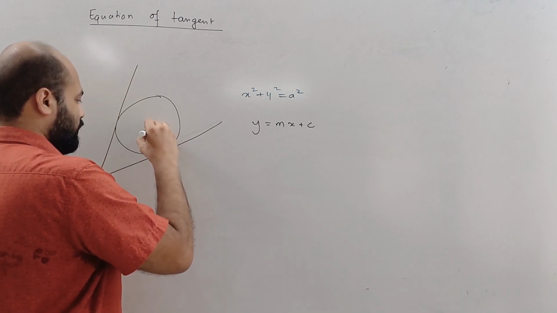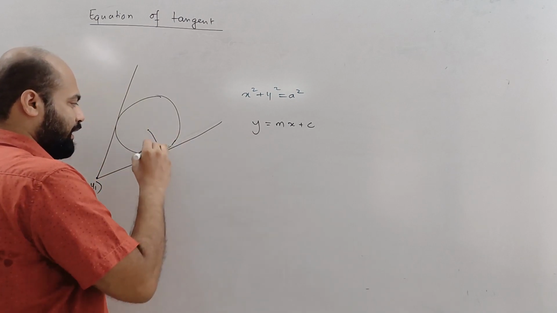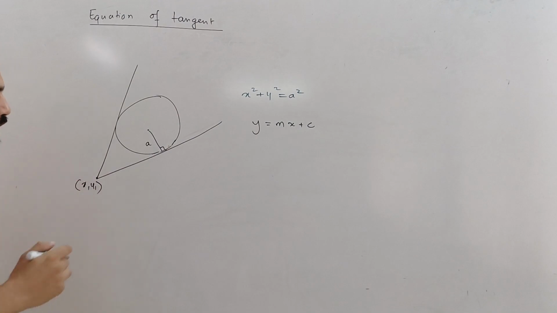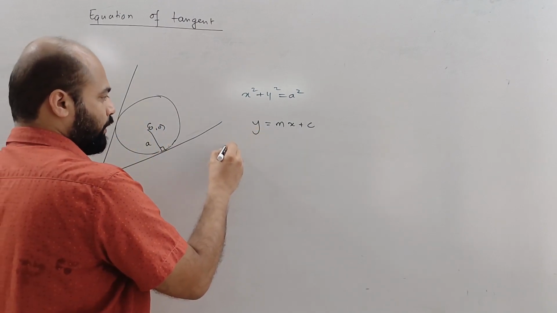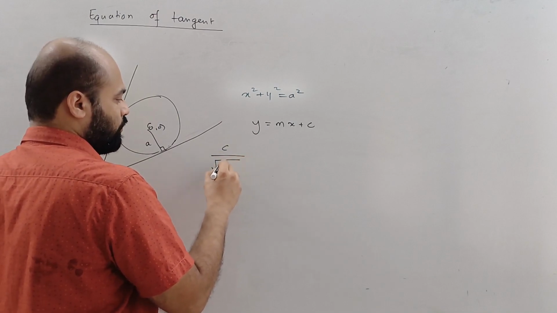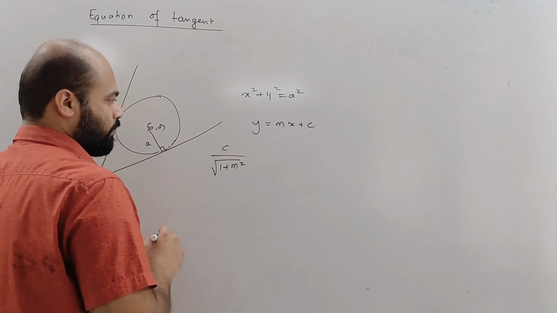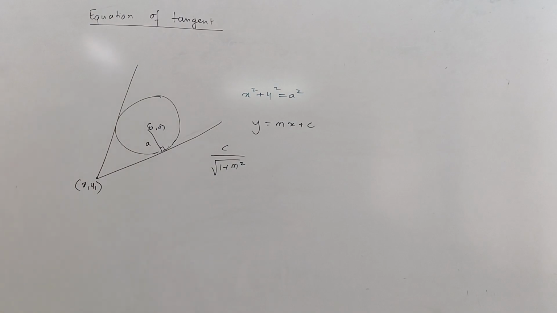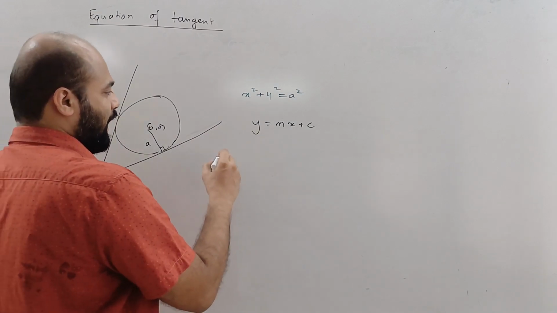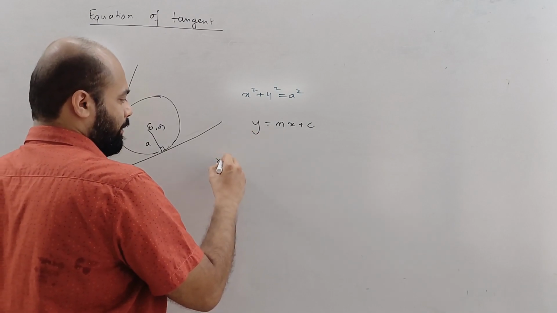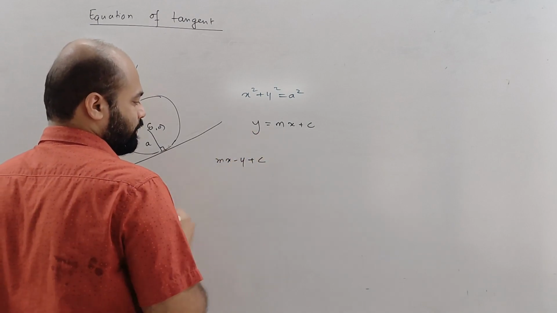distance of this point from this line is a radius, which is a. Now this point of course is 0, 0, and if I write 0, 0 over here, it's going to be root over of 1 plus m square. Now how this comes, let me just show you. So this is the line that we are considering, mx minus y plus c.